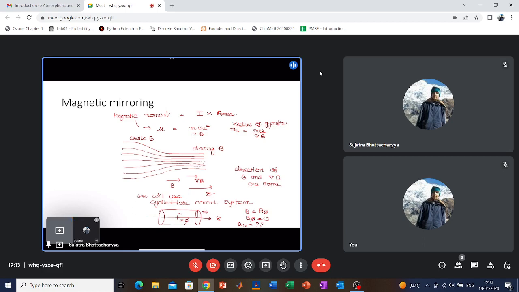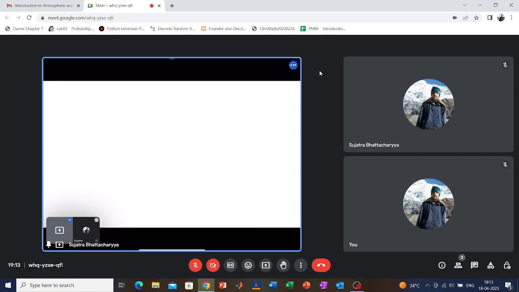Now what I will do is write the magnetic field as a vector: B_R R cap, B_phi phi cap, and B_Z Z cap. But B_phi is 0, which we have assumed, so B is B_R R cap plus B_Z Z cap. Why? Because B_phi is 0.